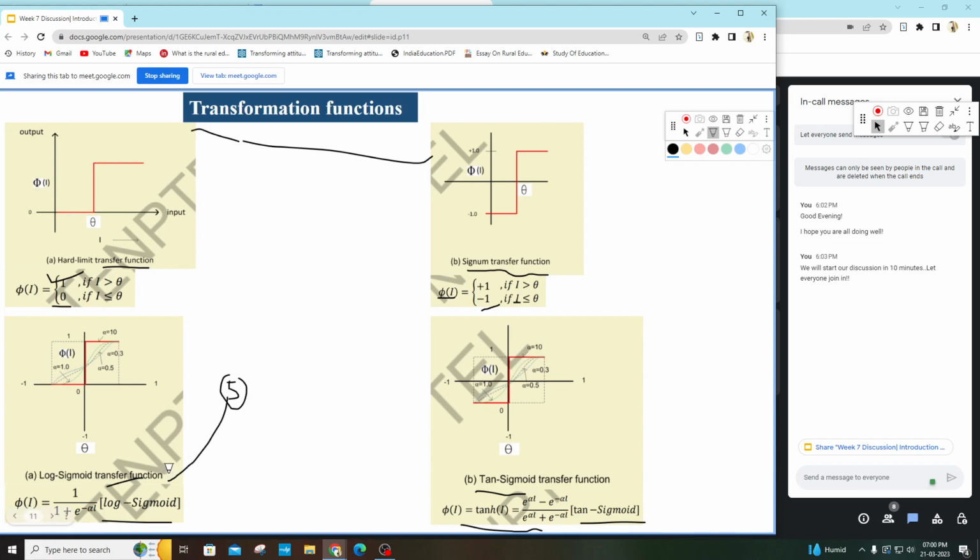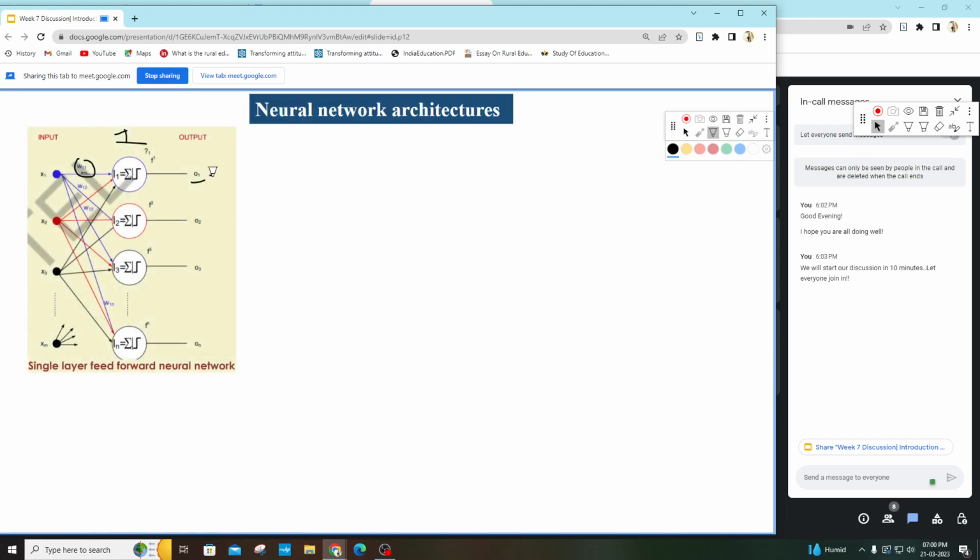You will get the output after putting in any of the 4 activation functions. So here you have to do 1 by 1 plus e to the power minus alpha, where alpha is a constant that will be given to you, into 5. When you do this, you will get this O1. Similarly, you can get O2, O3 and ON.